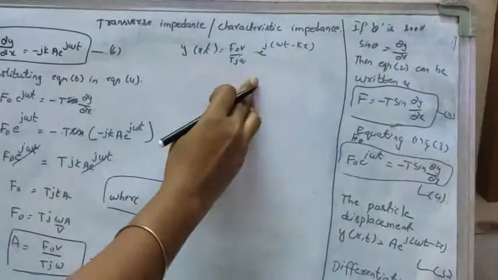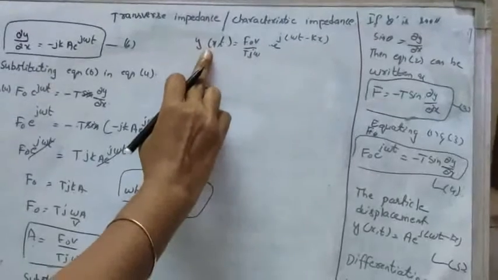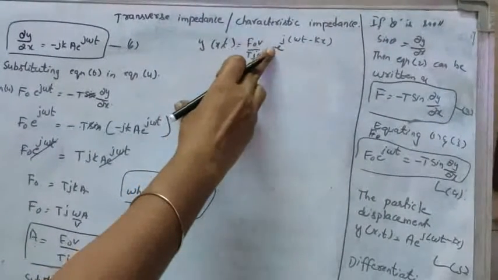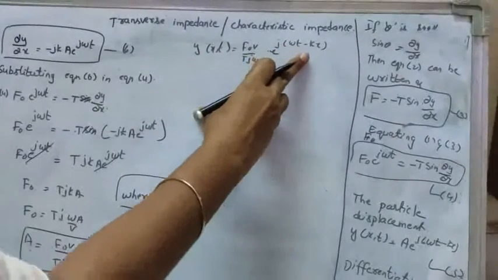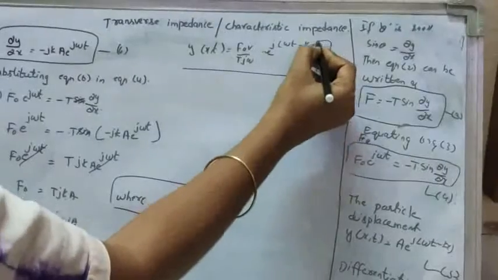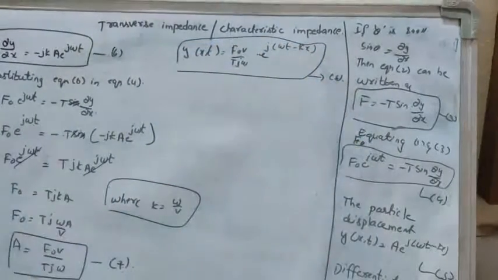So after substituting the a value from 7 in equation 5, you will get y of x comma t is equal to F naught v by t j omega into exponential of j of omega t minus kx. Consider this as equation number 8.